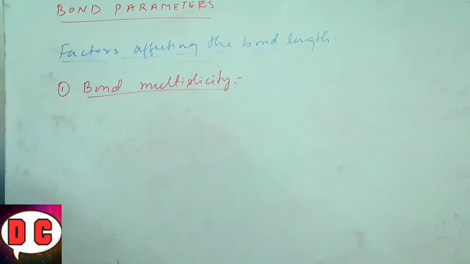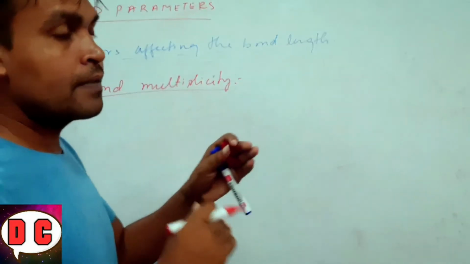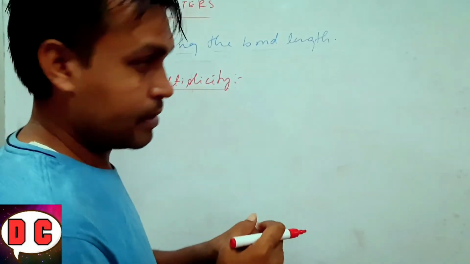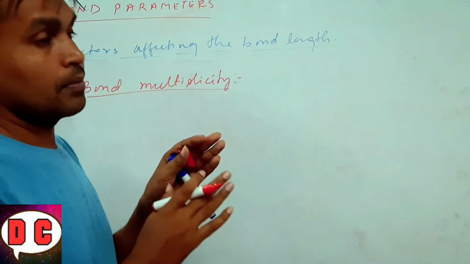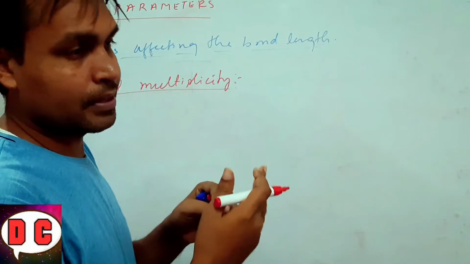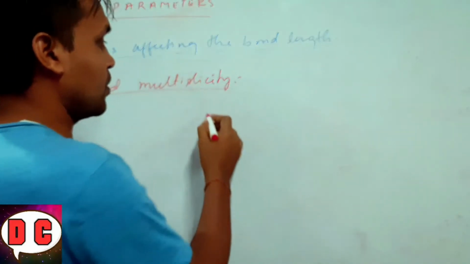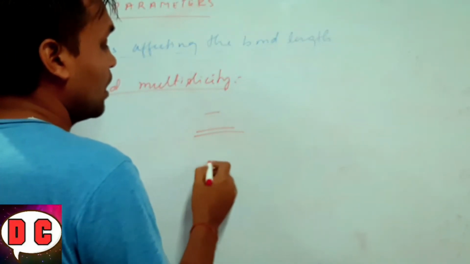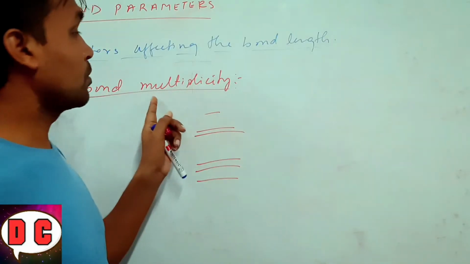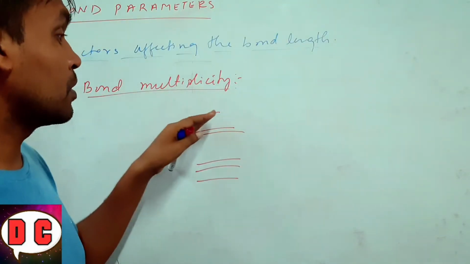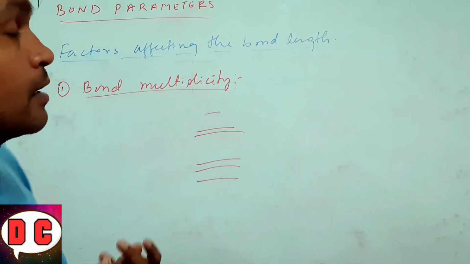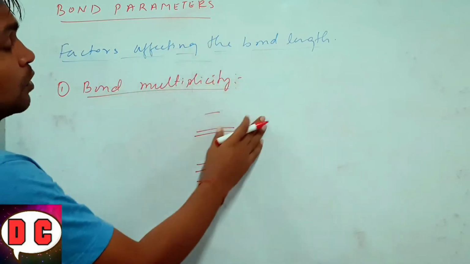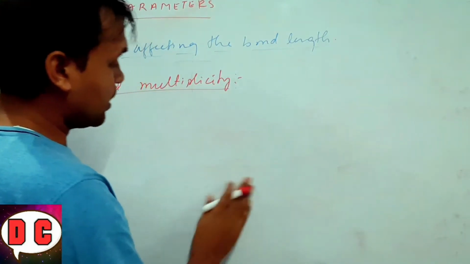Bond multiplicity means if the number of bonds increases, multiplied, first it is a single bond, then it can be a double bond, then a triple bond. If the number of bonds increases, how does the bond length vary? We are going to see that.